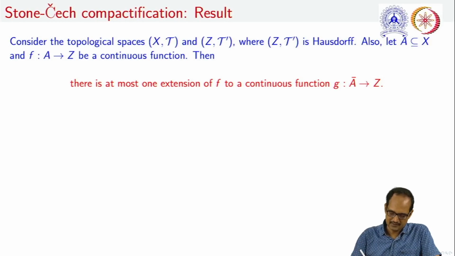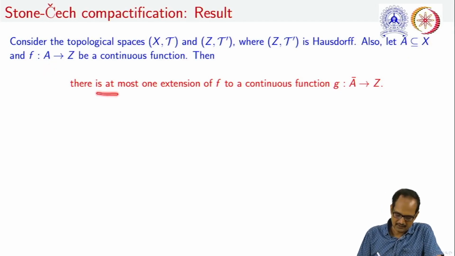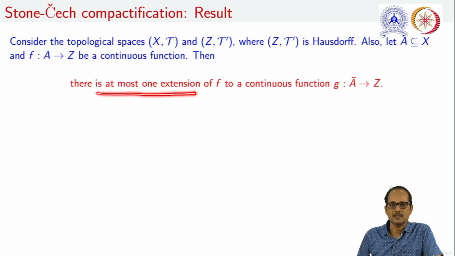The result is stated as: if we have two topological spaces, (X, tau) and (Z, tau dash), where Z is a Hausdorff topological space, and we take a subset A of X and a continuous function f from A to Z, then there is at most one extension of f to a continuous function g from the closure of A to Z.